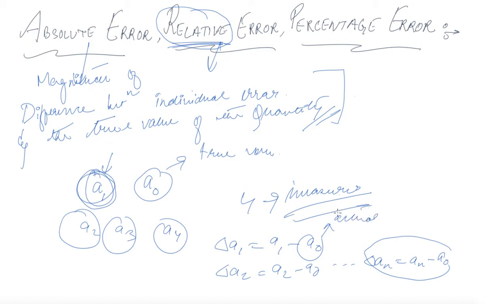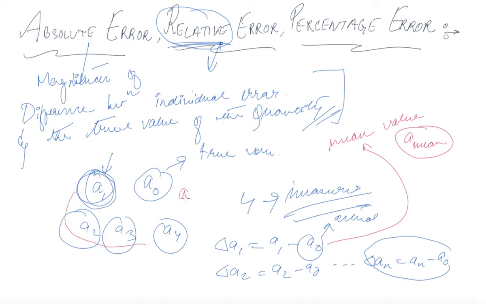or sometimes we can say that this is the mean value, A mean. We may not know the actual value, but when we take the measurements, we have A1 till A4.